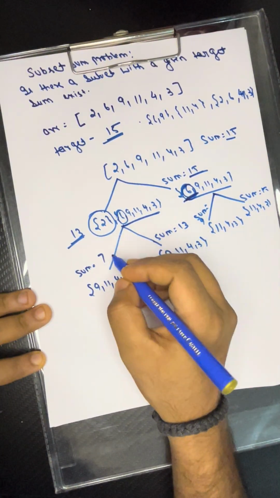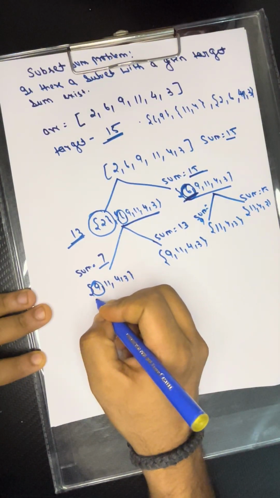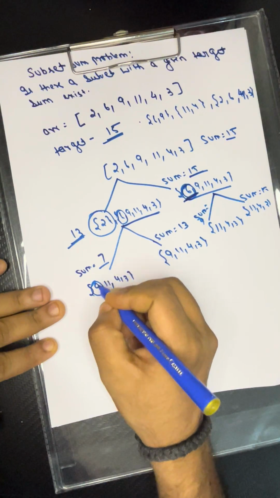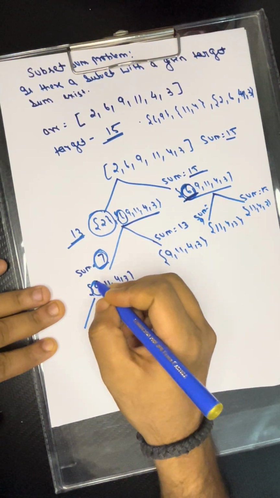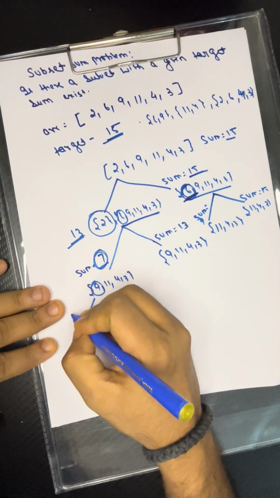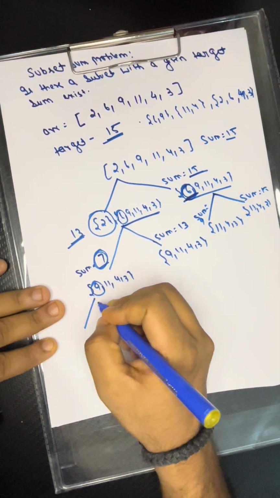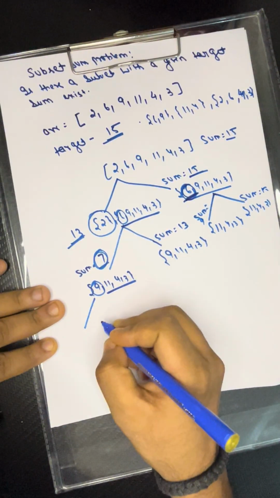Here also we have two options, we can take 9 and we can reject 9. If we take 9, then 7 minus 9 will be minus 2, so we exclude that.